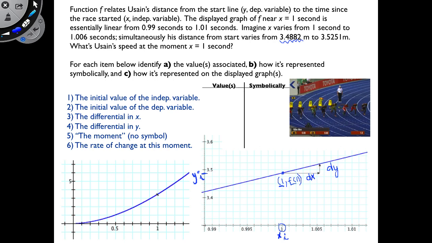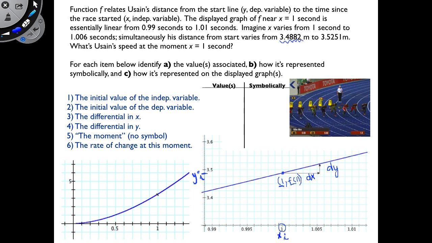But there's not a way to see the number, whatever we came up with, 6.1 or whatever meters per second, physically, but the ratio of a couple of lengths measured in it are going to maintain that. And the fact that this is a straight line means that there is a number like 6 someplace. All right, so the moment would just be the whole right graph there, I guess.